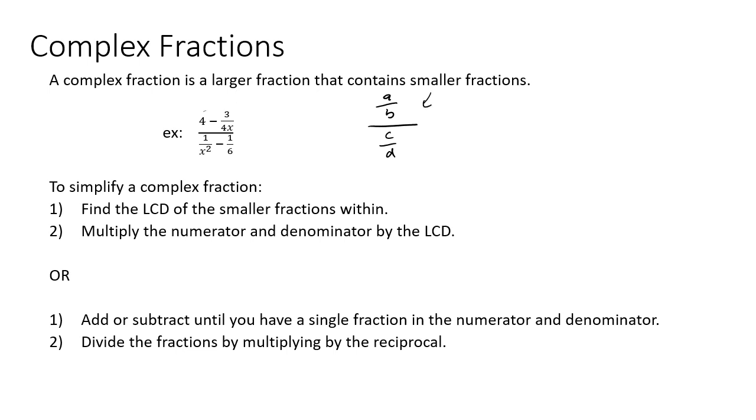And then at that point it becomes a division problem. One fraction divided by another fraction, you can instead multiply by its reciprocal and reduce. All right, both methods get you to the same result. It's really just a personal preference thing, and neither method really has any major advantages or disadvantages over the other.